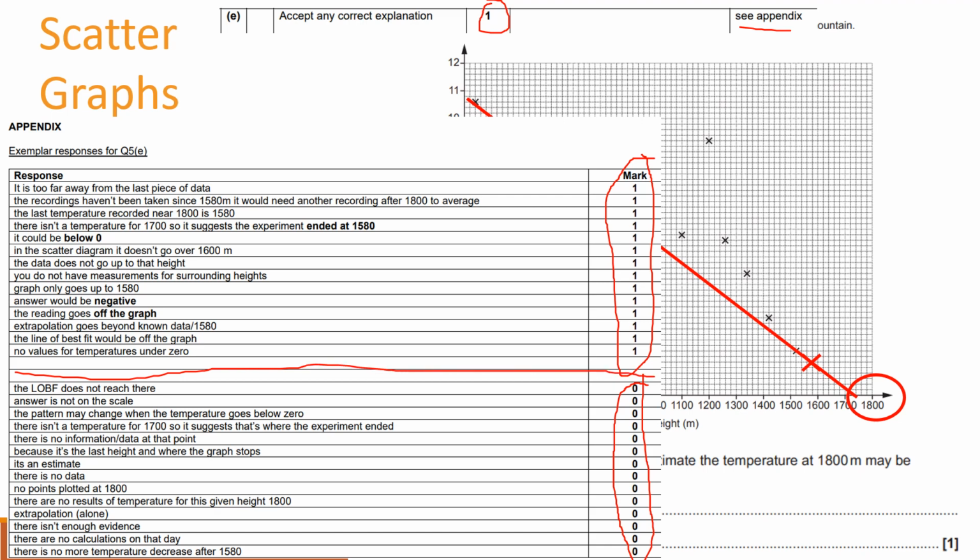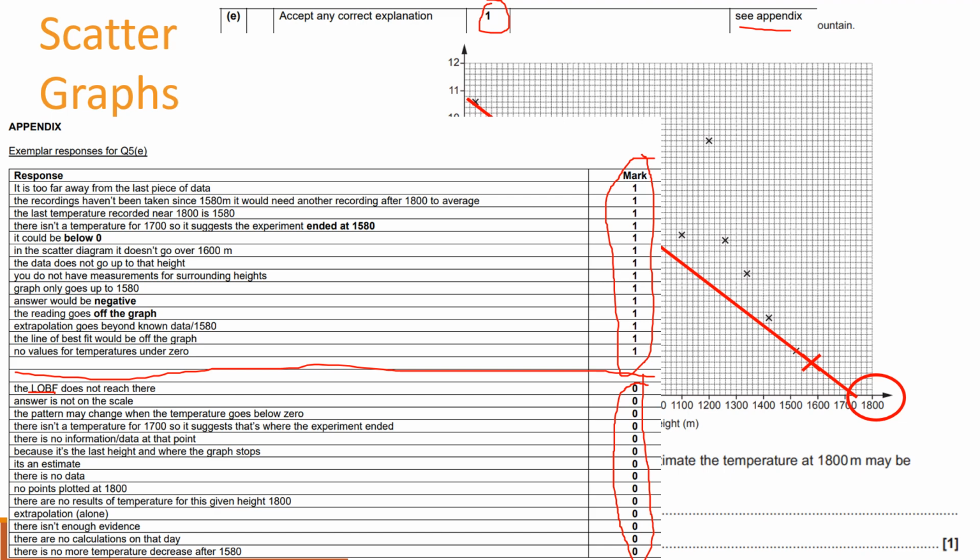On the reasons for not, you've got LOBF, that means line of best fit. So the line of best fit does not reach there, that is not good enough for a mark. The answer is not on the scale, again, not good enough for a mark. The pattern may change when the temperature goes below 0, again, not good enough for a mark. So what they're looking for is too far away from the last piece of data, or the recordings haven't been taken since 1,580 meters.